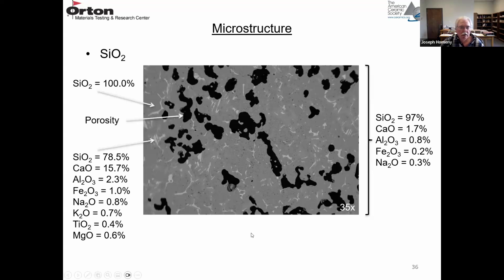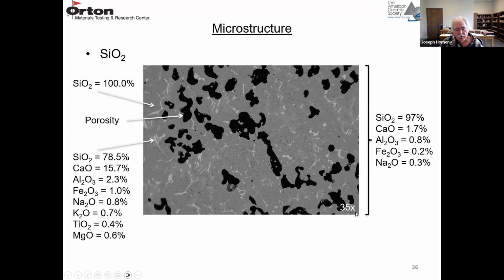So the microstructures look like this. This is an SEM photograph, and just about all the microstructures I'll show in the course are ones that I've done over the 30 or so years I've been here at Orton. So this is a typical silica refractory.